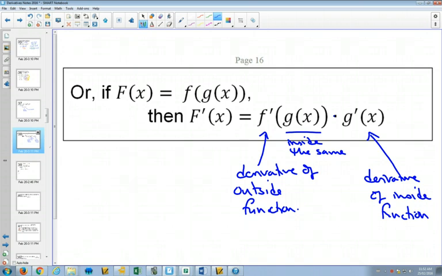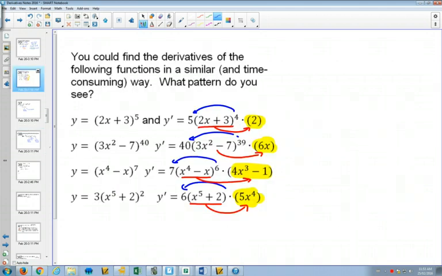So now let's go back and look at those ones again and see that pattern and see what I mean by derivative of outside function, inside function stays the same, derivative of the inside function. So when we look at something like 3x squared minus 7 to the 40, I take my hands like this from the outside and I just sort of bring them in and see what function do I hit first.